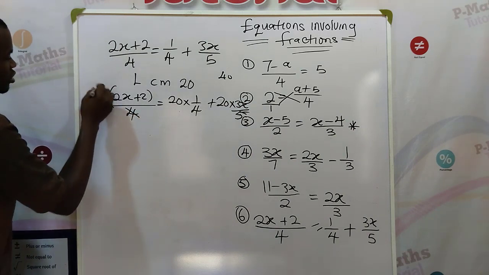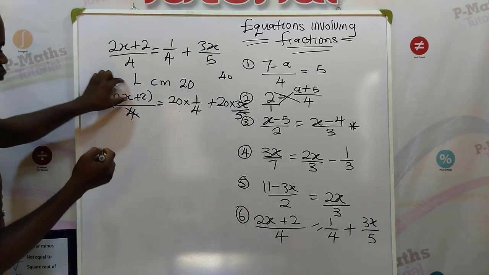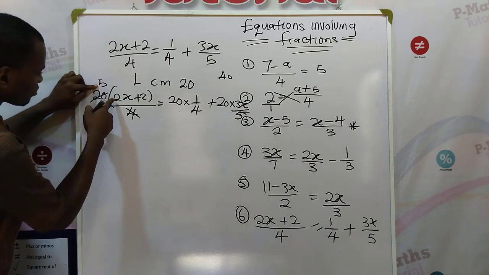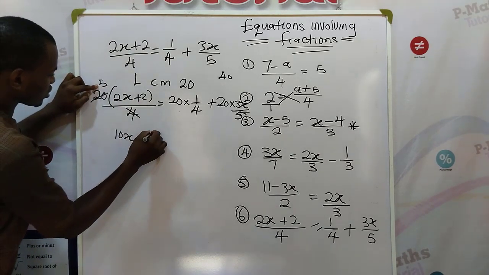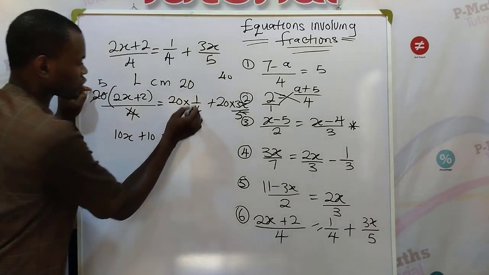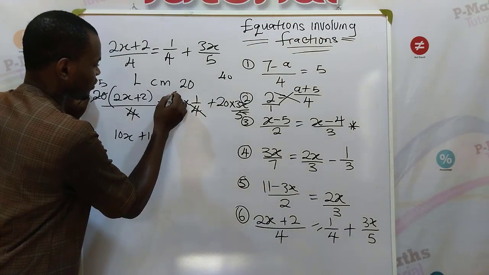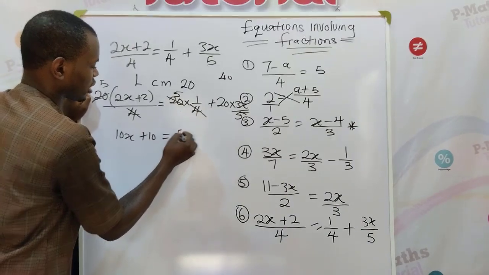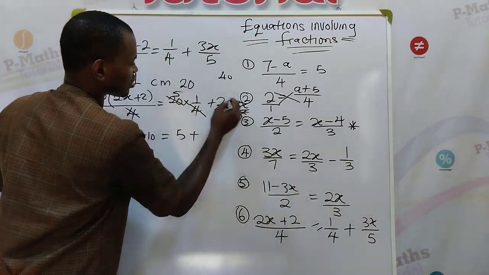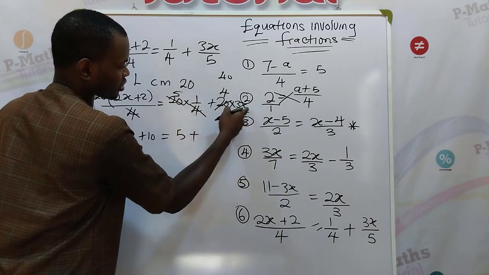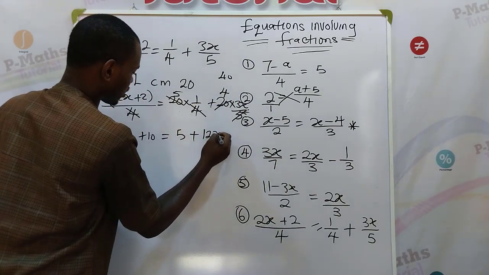Now 4 will divide 20, I'll have 5. 5 multiplies here. So 5 times 2x is 10x. 5 times 2 is 10 equals 20. 4 divided into 20 is 5. 5 times 1, I have 5 plus 5 divided into 20 is 4. 4 times 3x will give me 12x.